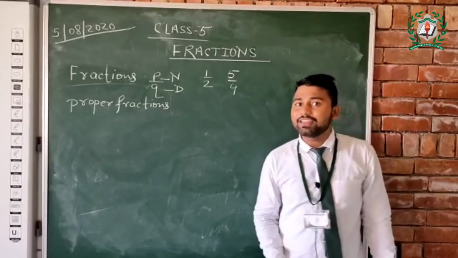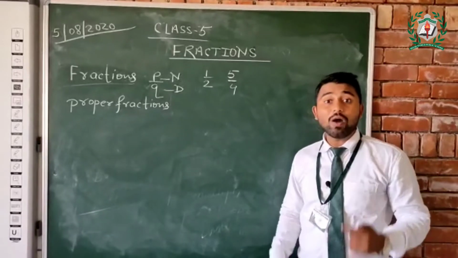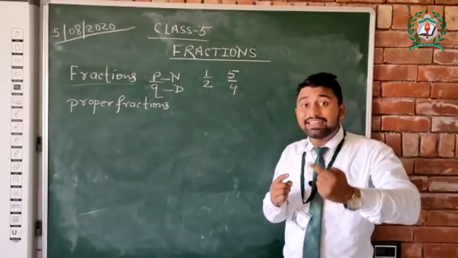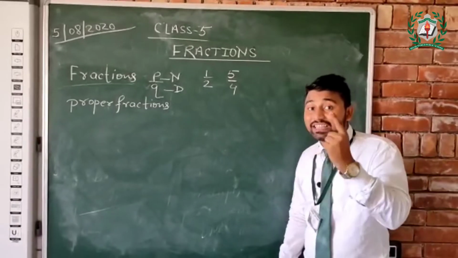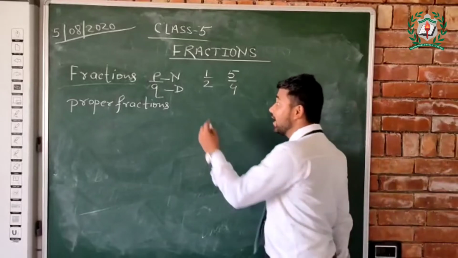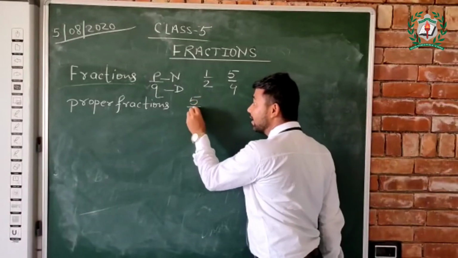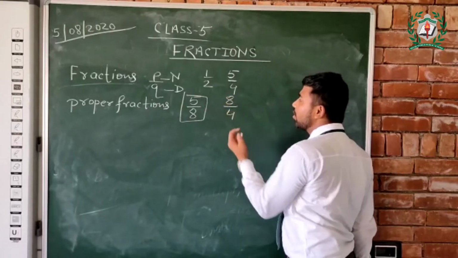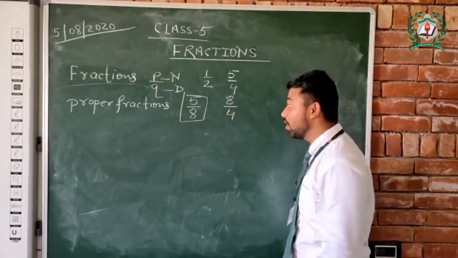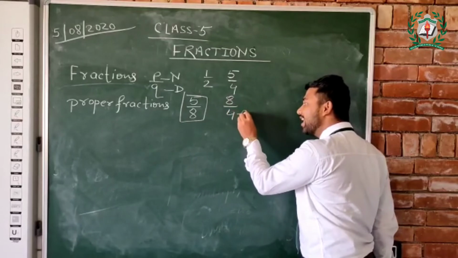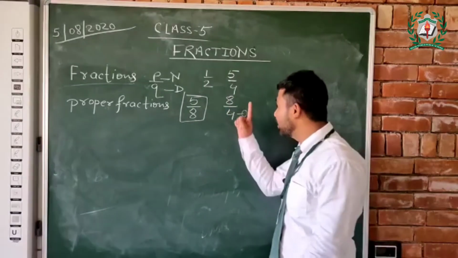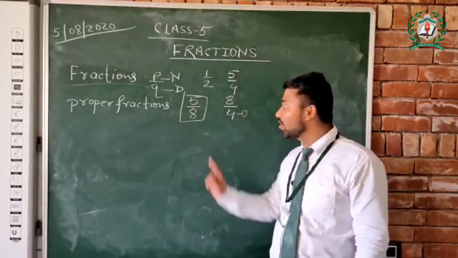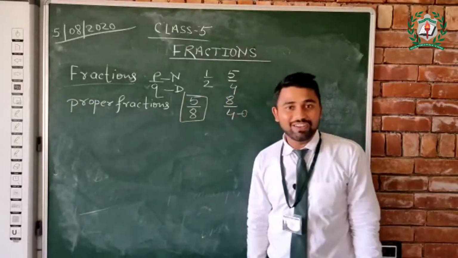Yes, proper fraction means that the denominator is greater than the numerator. For example, 5 upon 8 is a proper fraction. But 8 upon 4 is not a proper fraction, because the denominator is less than the numerator.